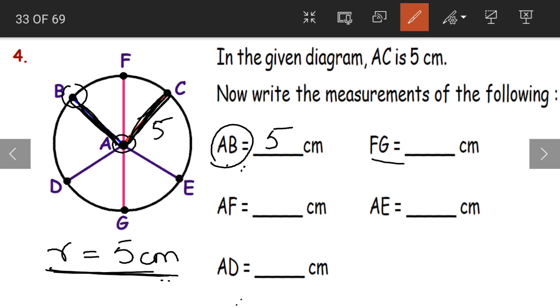Then we have FG. Here we have our FG. Now if you look, FG is the diameter of the circle. Yes, it is passing through the center of the circle, and it is having both the endpoints on the circle. So FG is equal to diameter. We have radius is equal to 5 centimeters.